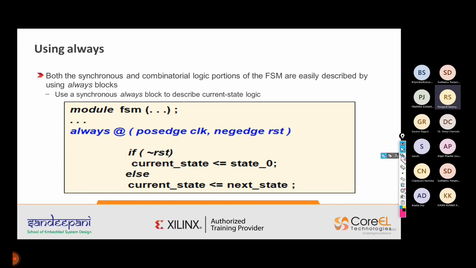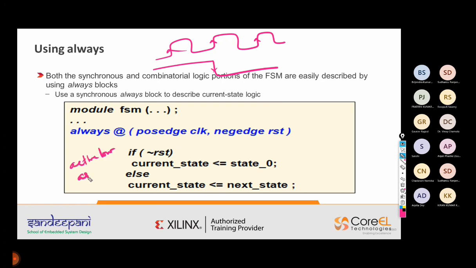So in this example, we say always at posedge of clock or negedge of reset. That is, whenever there is a positive transition of clock or whenever reset goes down, I immediately need some response. So in case of active low asynchronous reset, we write negedge reset in the sensitivity list, and here we check for not of reset as a condition.